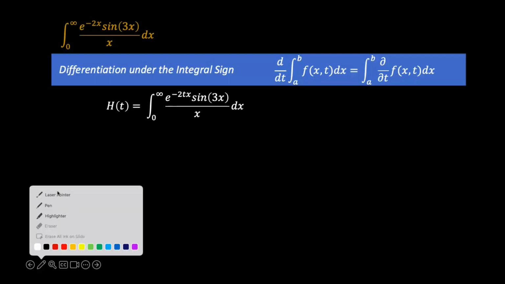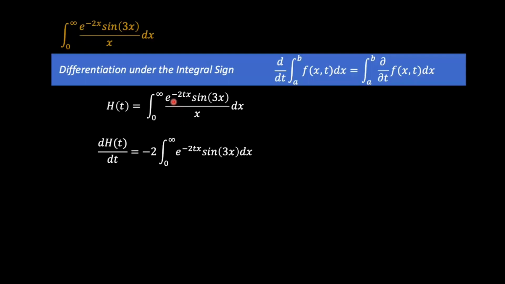Now our integrand is purely a one variable function, but we introduce another variable, t, as shown here, such that when we define h(t) as our integral with respect to x, we can take a partial derivative of this bivariate integrand.